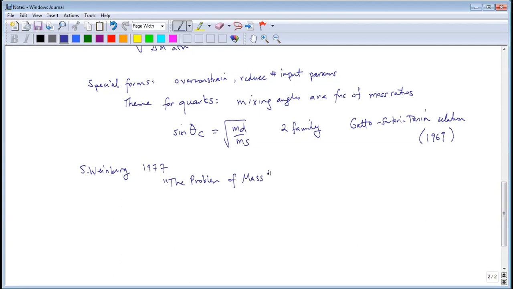I believe this was for a symposium in honor of Rabi. Rabi was famous for many things in physics. He was also famous for the quote, "Who ordered that?" about the muon, so it's especially relevant to think about generational masses in this context.